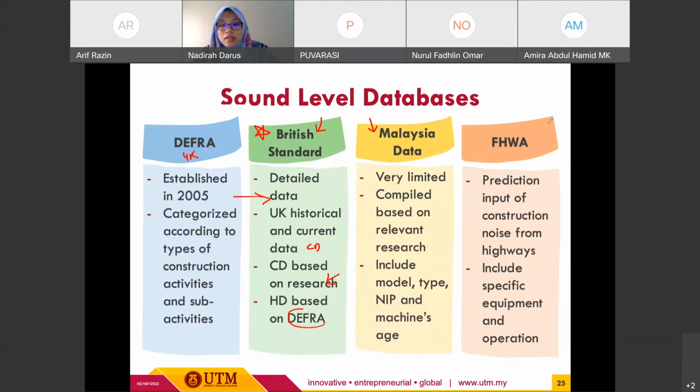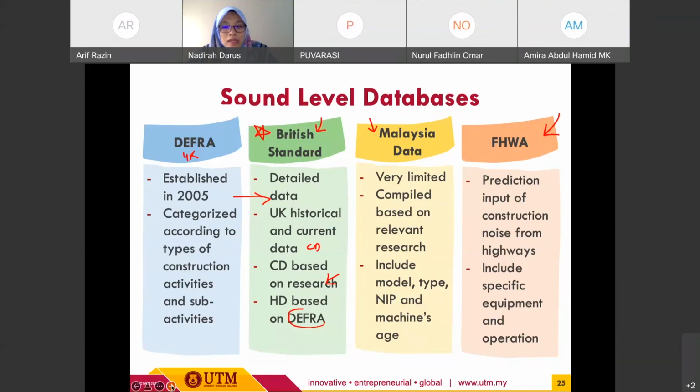Okay, and the other thing by the other department is Federal Highway. Okay, yang ni Federal Highway Administration FHWA pun dia ada compile dia punya own data tapi specifically for the equipment and operation involved for the highway construction. So untuk kita punya local scope ataupun local punya data still need lah more compilation, okay, so that kita ada very comprehensive reference. That's regarding the sound level database.